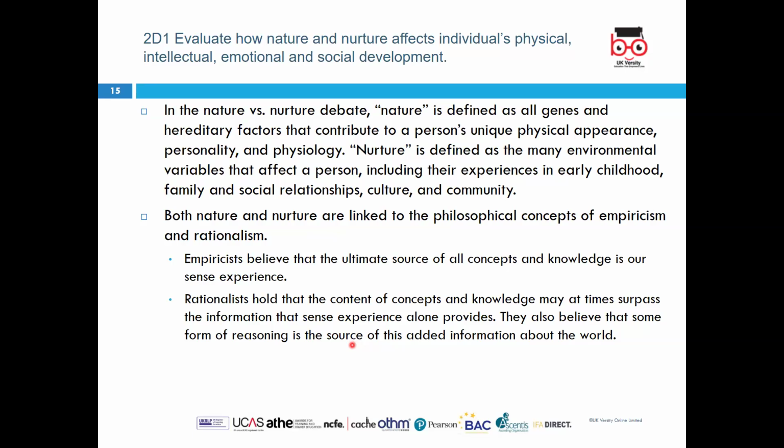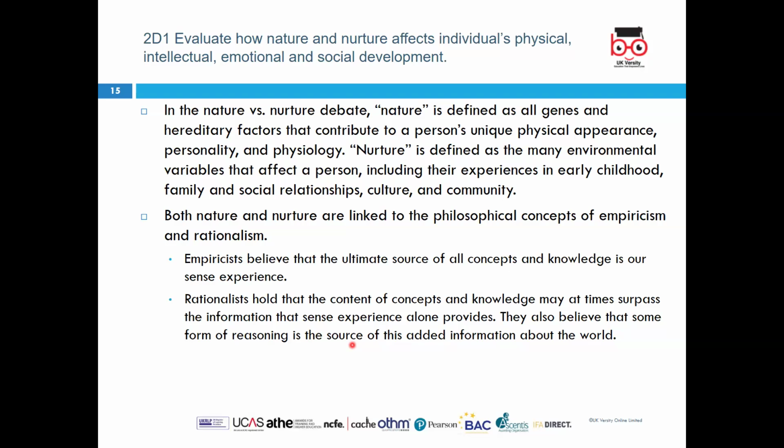Nurture is defined as the environmental variables that impact a person, including their experiences in early childhood, family and social relationships, culture, and community. Both nature and nurture are very closely linked to the philosophical concepts of empiricism and rationalism.